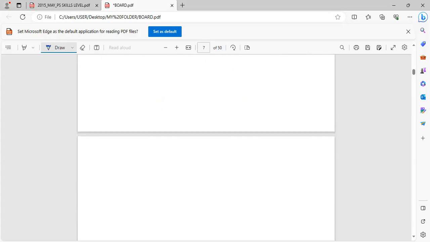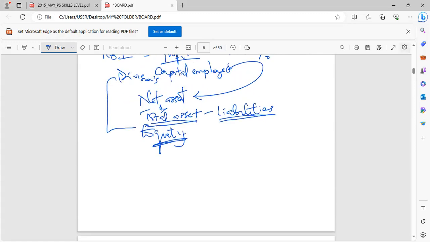Yes, it's clear. But you said total asset minus liabilities, or total asset minus current liabilities. Because if we are saying liabilities, we are saying non-current liabilities too. It is total assets minus your liabilities, both current and non-current.